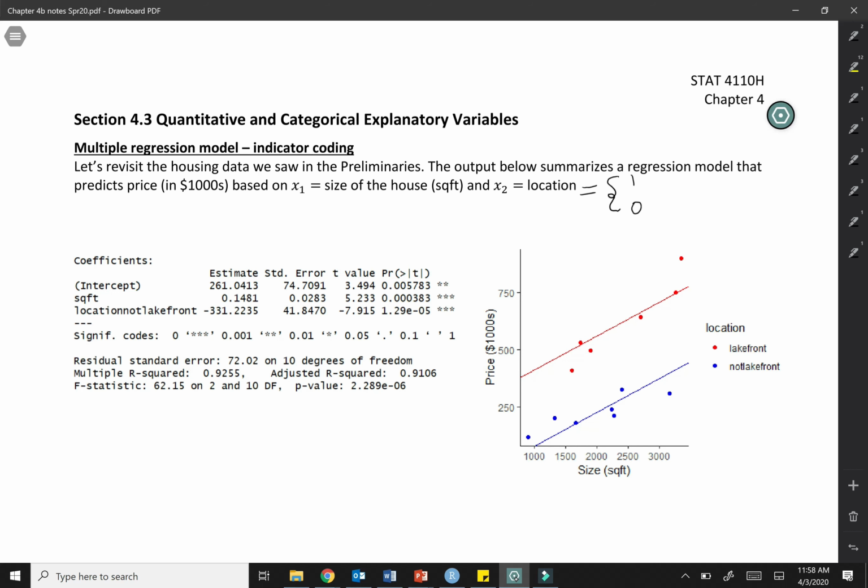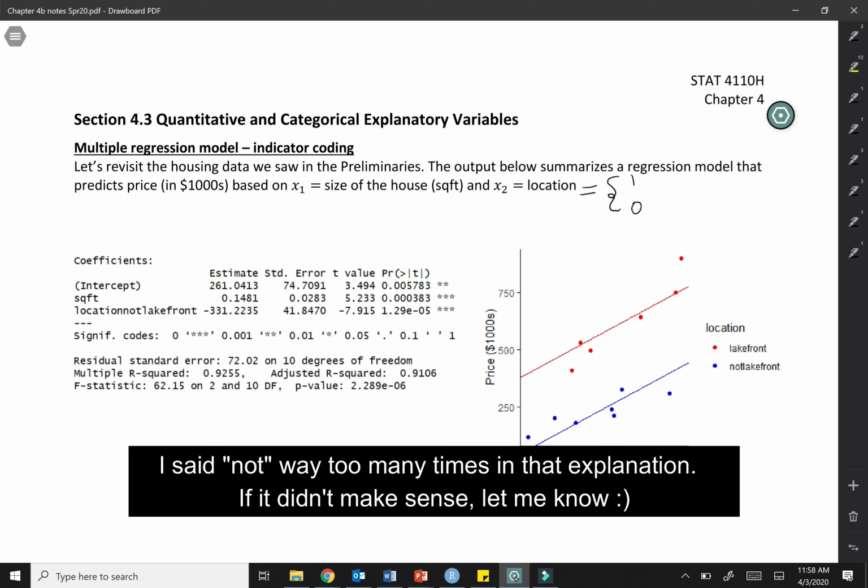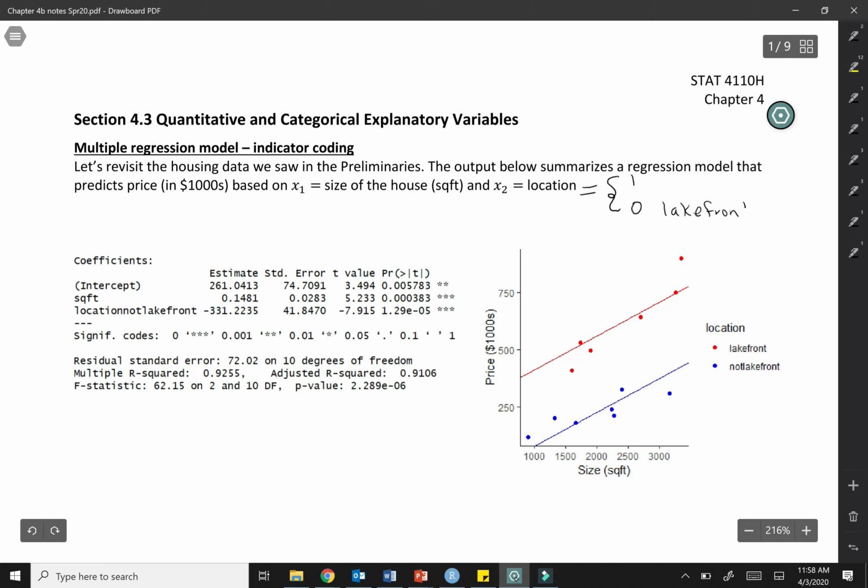That's telling us the one that's not mentioned, lakefront, is the baseline group. And then 1 would be not lakefront. So 0 is where you put the baseline group. This is probably not how I would have set it up if I were doing this by hand. I probably would have said not lakefront would be the baseline, but for now, just to keep it simple, I'm going to go with the R defaults, and this is how R sets it up.